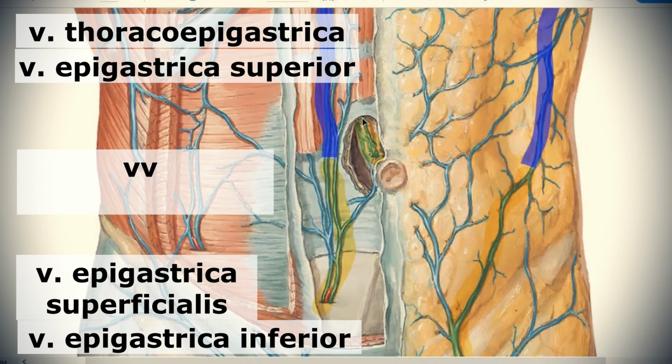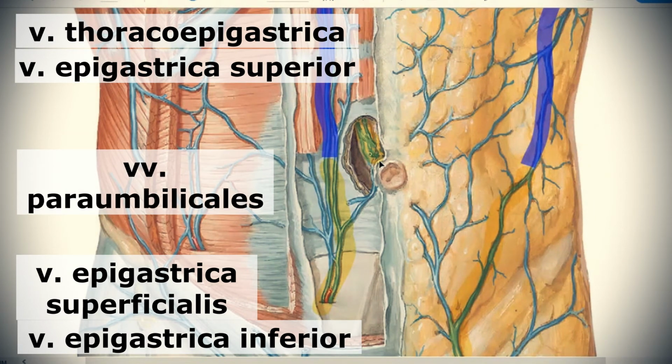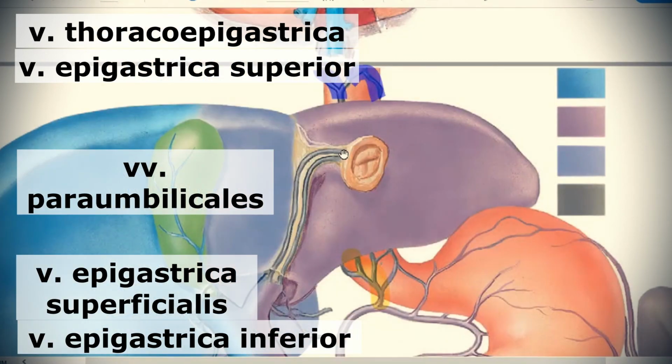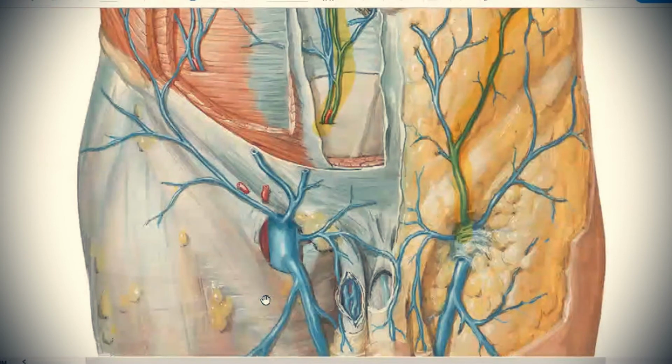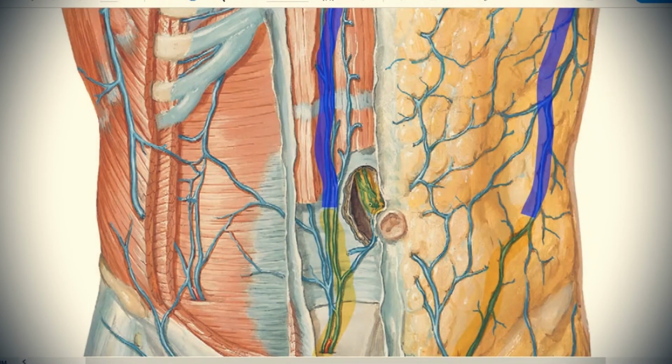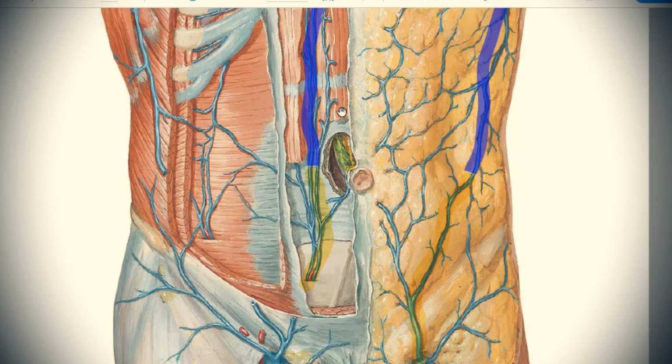And finally you have paraumbilical veins, a pair or even more, venae paraumbilicales, that gather blood from the umbilical ring and this region, make anastomosis with, as you can see, the inferior and superior epigastric veins and superficial, and drain into the vena porta. So in this region there is this big anastomosis. They are almost all paired, so you have 5 pairs of veins that create anastomosis between cava superior, cava inferior, and portal systems.